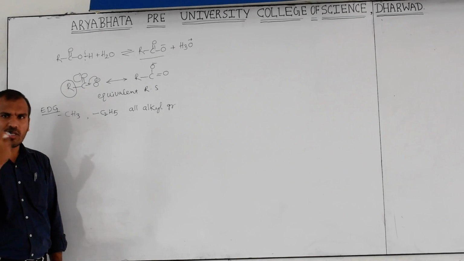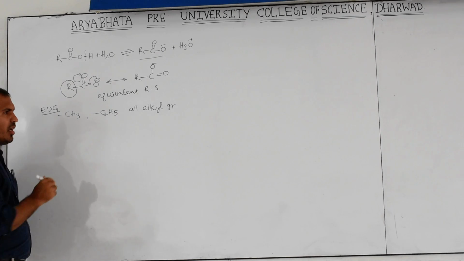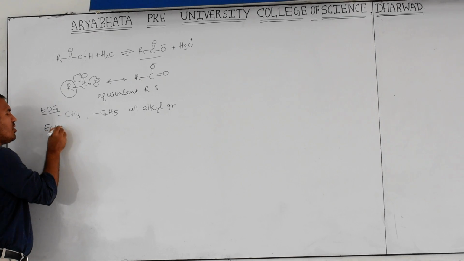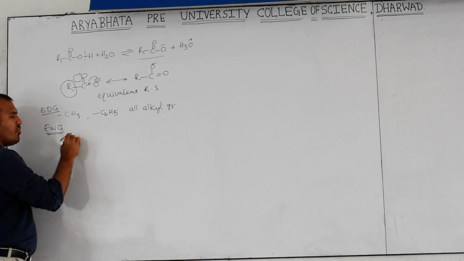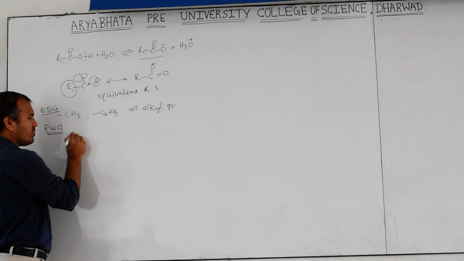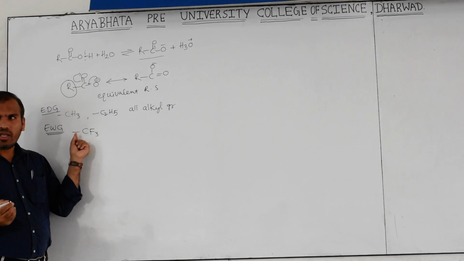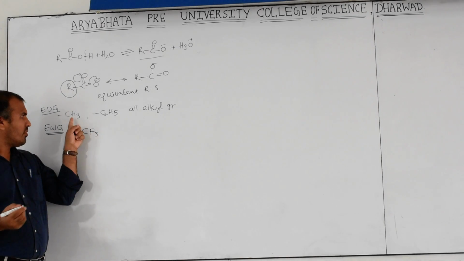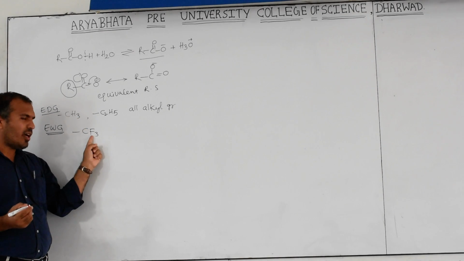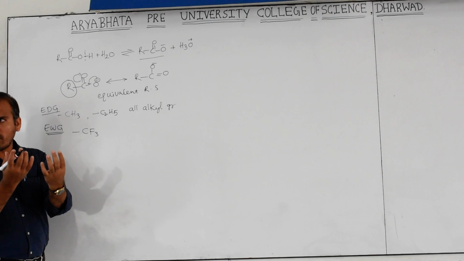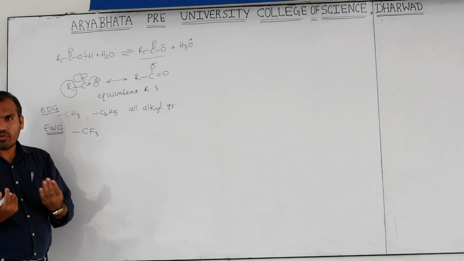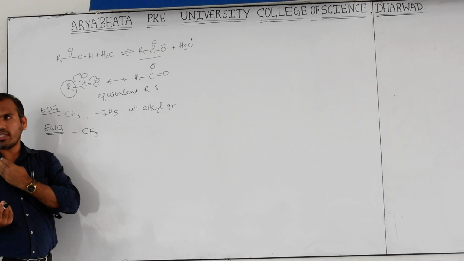Not only this one, some others also; I am giving some examples here. Next, electron withdrawing groups: CF3. If H is there, it is CH3; instead of hydrogen we have fluorine. Fluorine is electronegative, it pulls electrons towards itself.